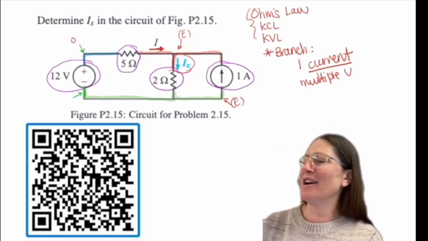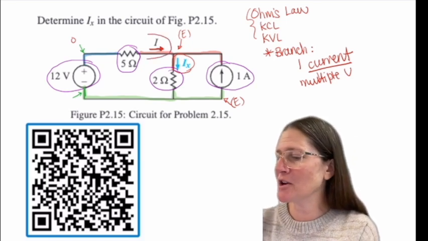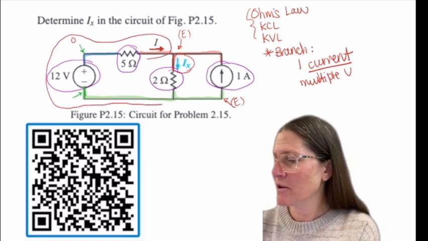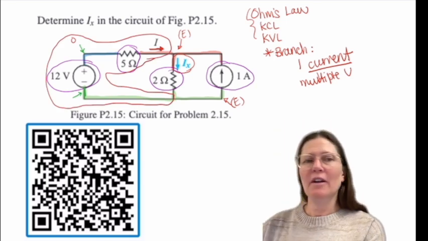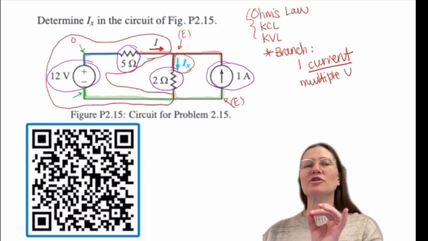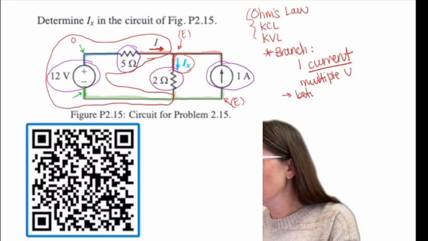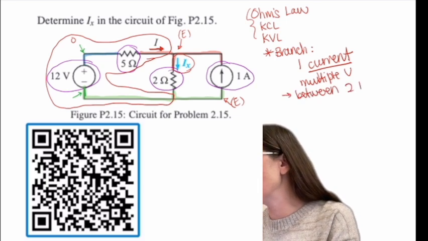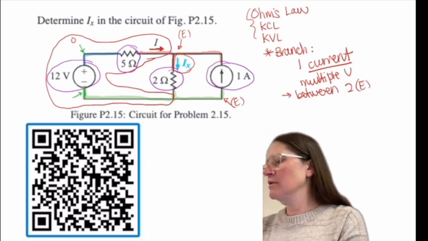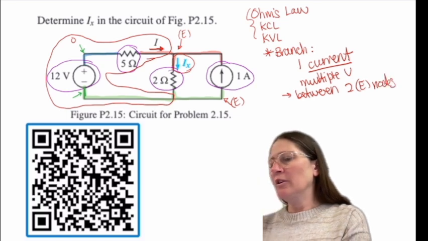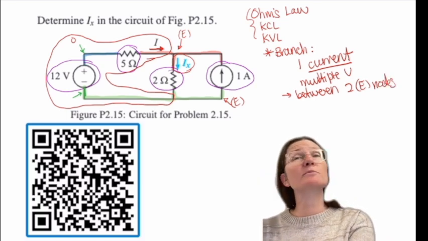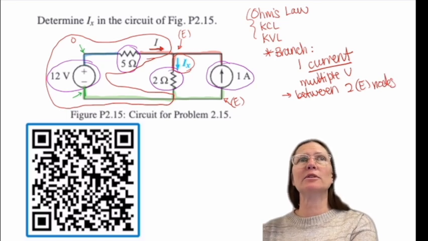I'm trying to think how to highlight this. I'm going to draw it like this. That is going to be one branch. A branch is in between two extraordinary nodes, which means all the current has to be the same here.